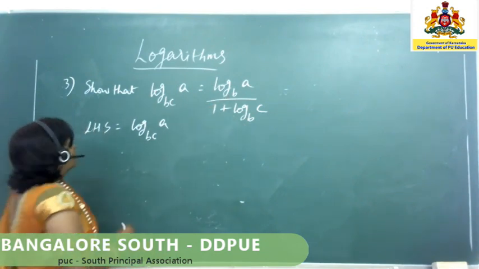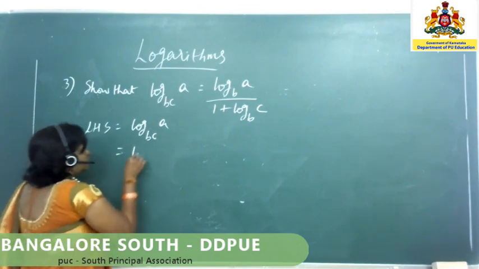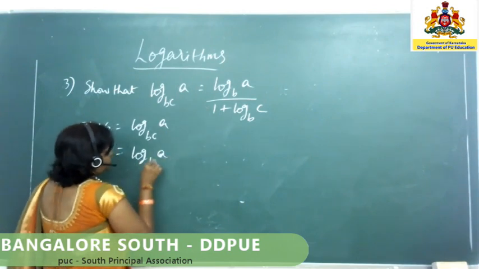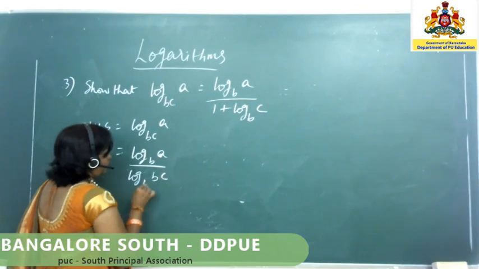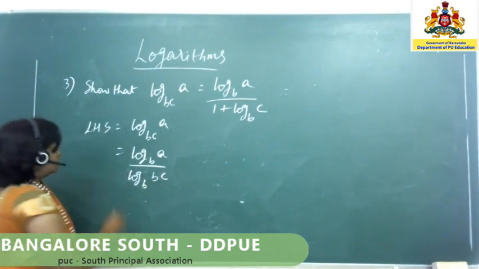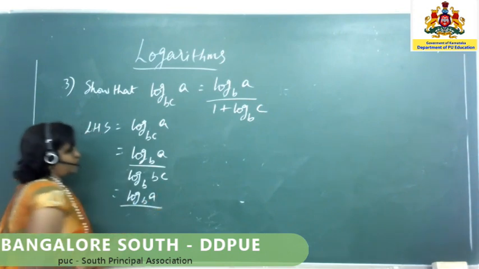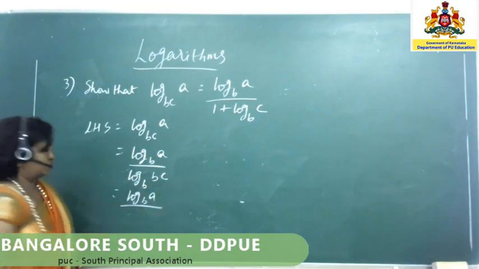So therefore, I use the change of base formula here. And the base, I'll consider it as b. Log a to base b divided by log bc to base b. So this is equal to log a to base b divided by log bc can be written as log b plus log c.